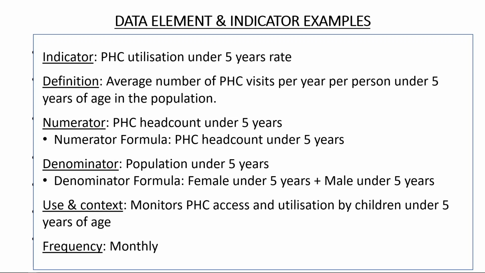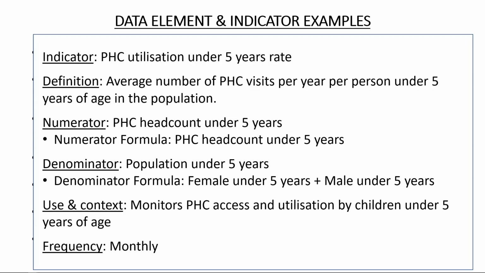So to calculate this, the numerator will be the PHC head count under 5 years, which is what we looked at in the previous slide. And the denominator will be the population under 5. This population will add both the males and the females in that community.